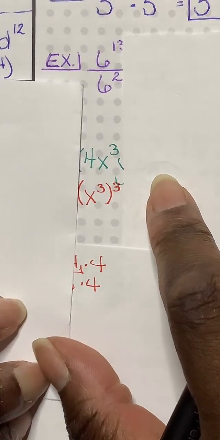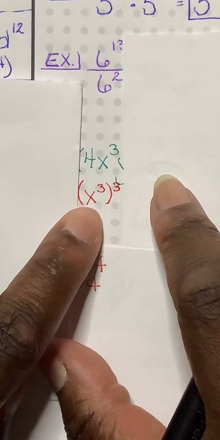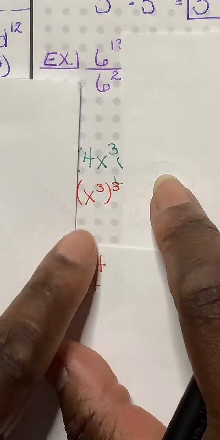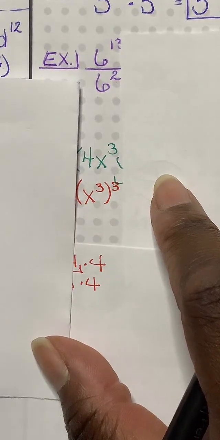Yes. Okay, I'm seeing x to the ninth. x to the ninth. Not so much 81, because we don't know what x is. But I do, and not so much 27, because I don't know what x is. So I do have x to the ninth.